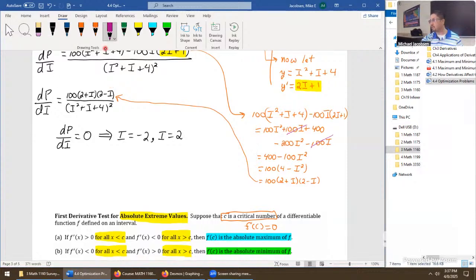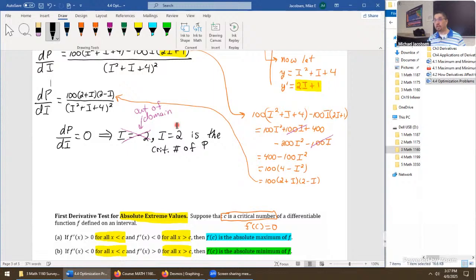So we'll say, with that crossed out and a note, out of domain. That's good for us because we did make a comment that for this to work correctly, there's got to be exactly one critical number. There it is. i equals 2 is the critical number of our function P, the photosynthesis rate.